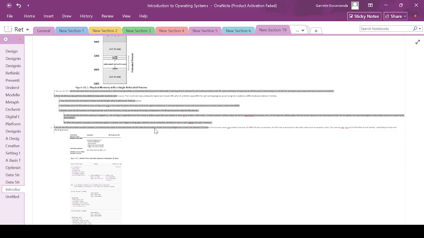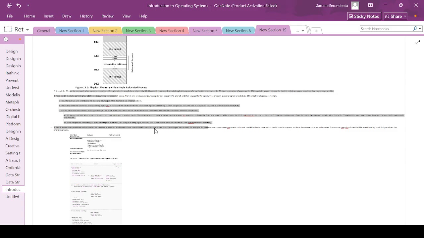When the OS decides to stop running a process, it must save the values of the base and bounds registers to memory in some per-process structure, such as the process structure or process control block, which we discussed in the previous video.